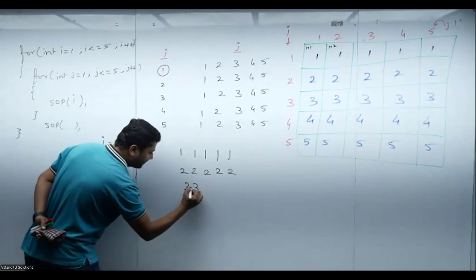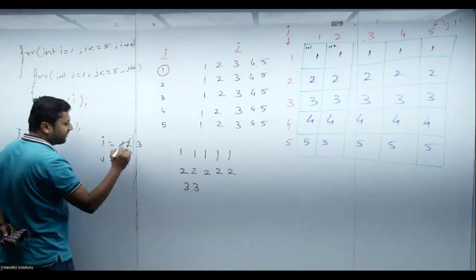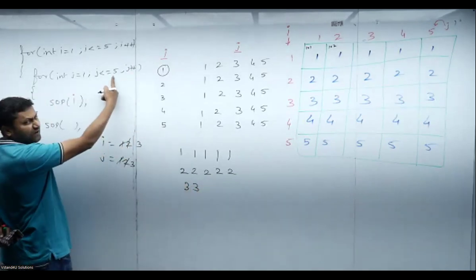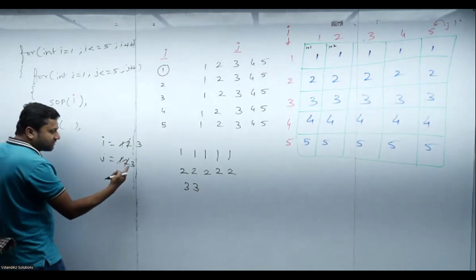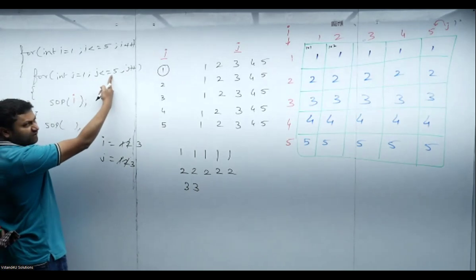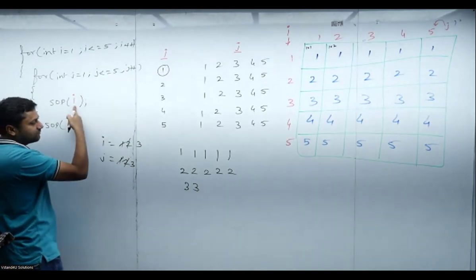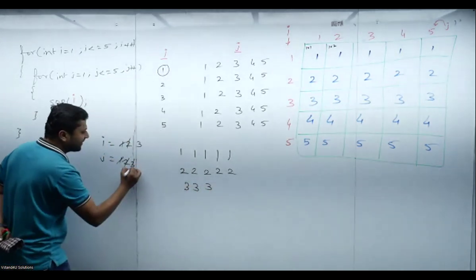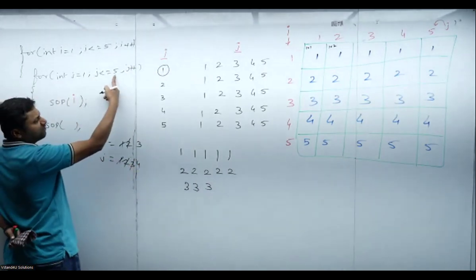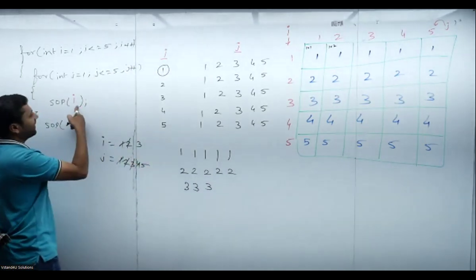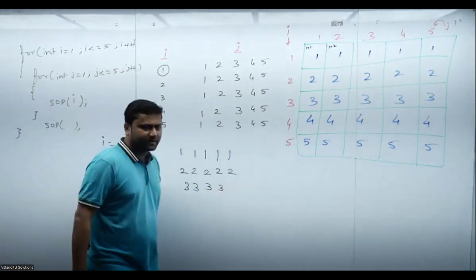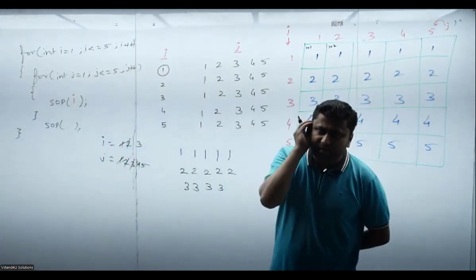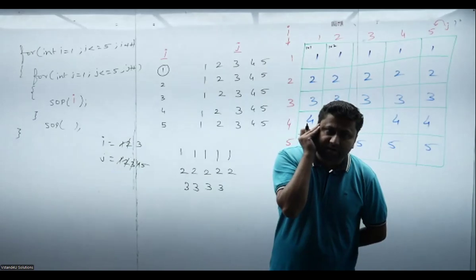Okay, sir. Done. Again, J will be incremented to 3, less or equal to 5. Everybody louder. Now, 3 is less or equal to 5 condition. Print. Okay, sir. Then J will be incremented to 4, less or equal to 5. Then print. Agree? Like this, we'll keep continuously doing it. Agree? Am I clear? 100%.